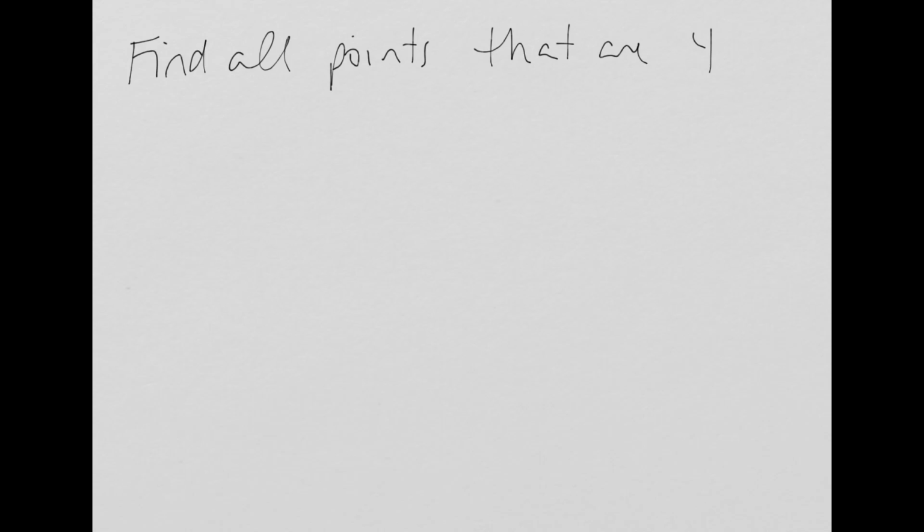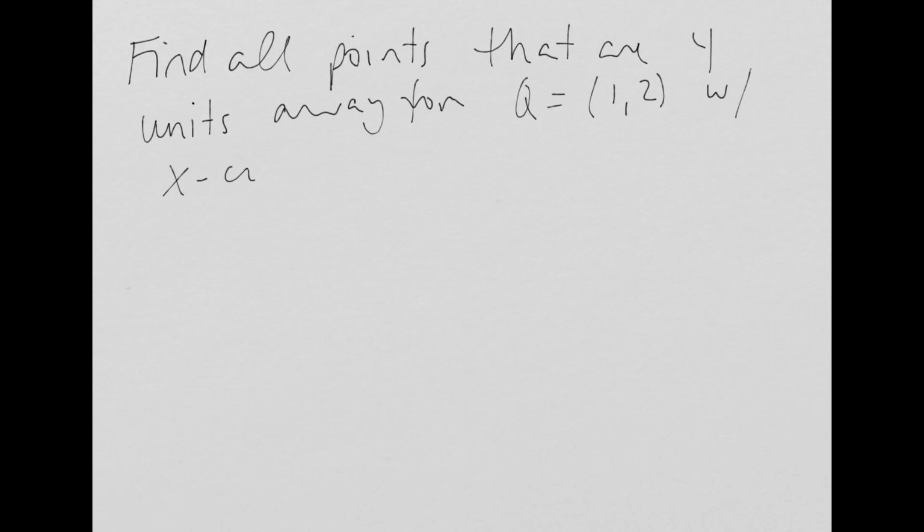Let's say that I'm given the distance this time. So let's find all points that are 4 units away from Q. Let's say Q is (1, 2), with x coordinate 1.